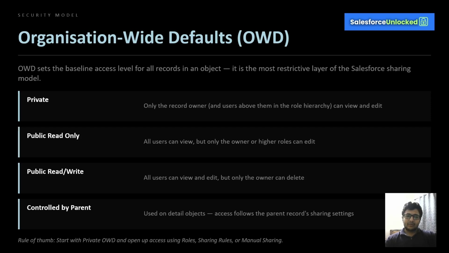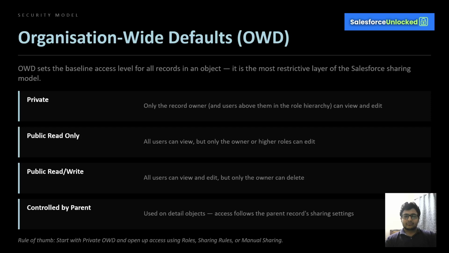Private means only the record owner and anyone above them in the role hierarchy can see and edit the record. Let's say, for example, I own an opportunity record, and for that opportunity, the OWD is private.